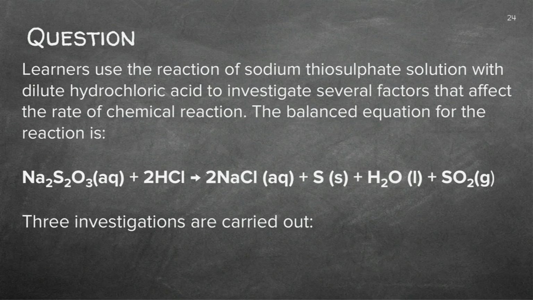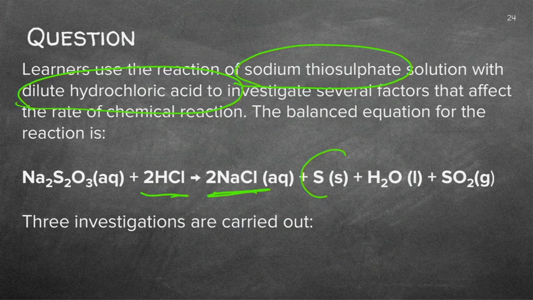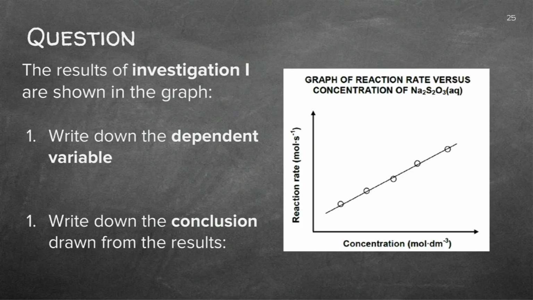Right, if we get a question like this, let's see how we're going to answer it. The question is, students took sodium thiosulfate and reacted it with dilute hydrochloric acid. They found sodium chloride, sulfur, water, as well as sulfur dioxide as products. They did 3 investigations. The one is just doing the rate of reaction. Can you see the rate?